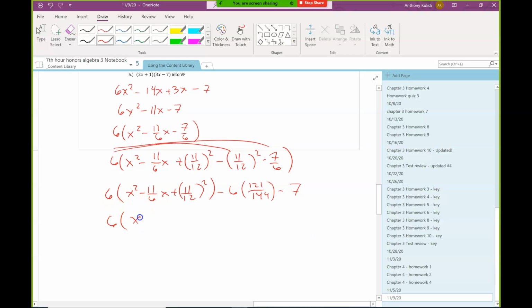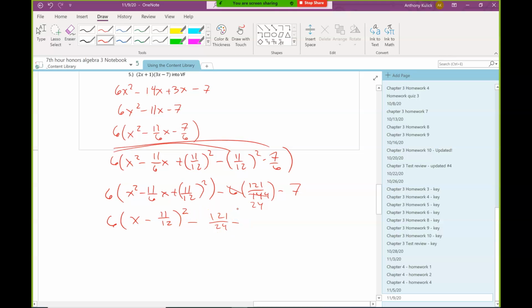And then if I factor this, this is going to factor into x minus 11 over 6 divided by 2, and then the quantity squared. And 6 reduces here, and that becomes a 24.